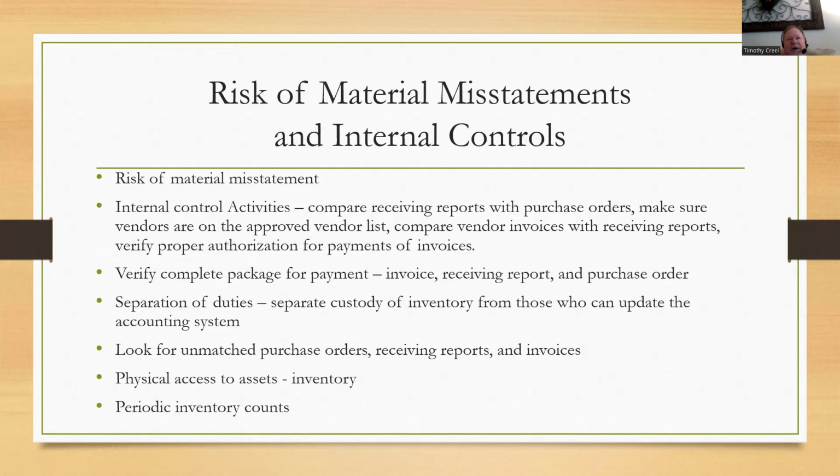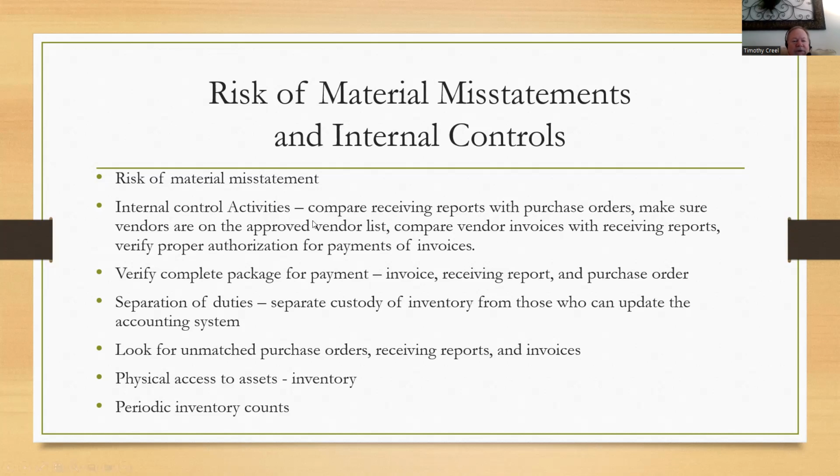Risk of material misstatement is always something you're looking at, because it determines a lot of things in terms of your audit: the strength of your testing, whether you can do it at interim periods or year end, what your materiality is, the size of your samples. So risk of material misstatement determines a lot of things in an audit, and you're going to do it for this area along with all other areas of your audit as well.